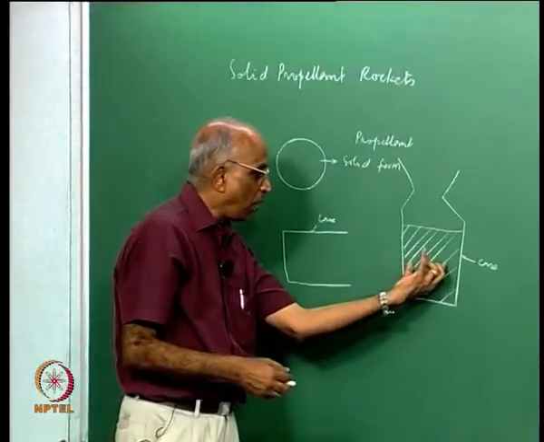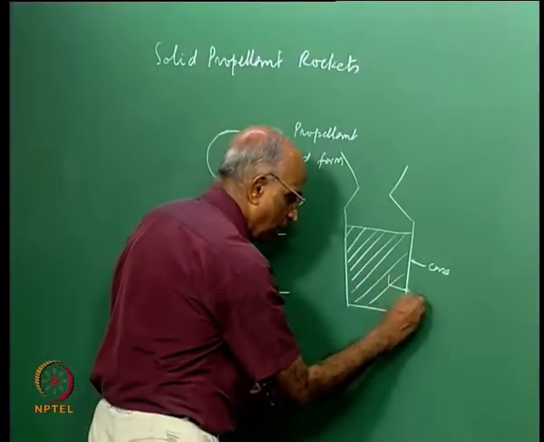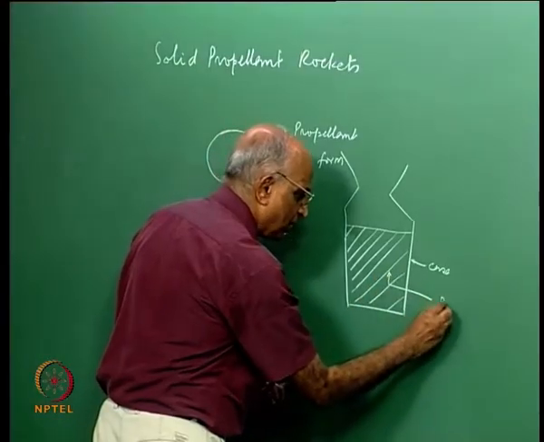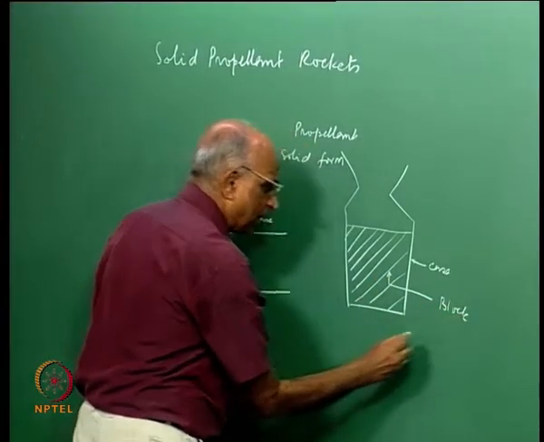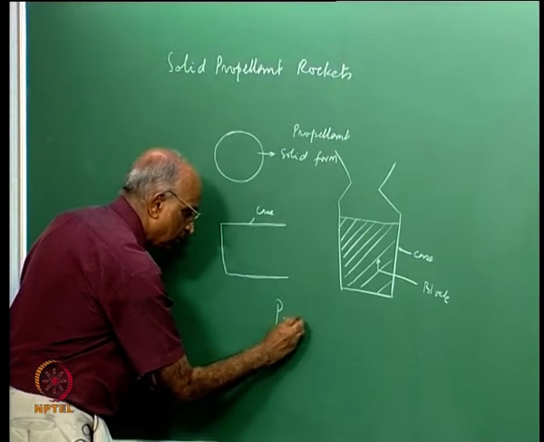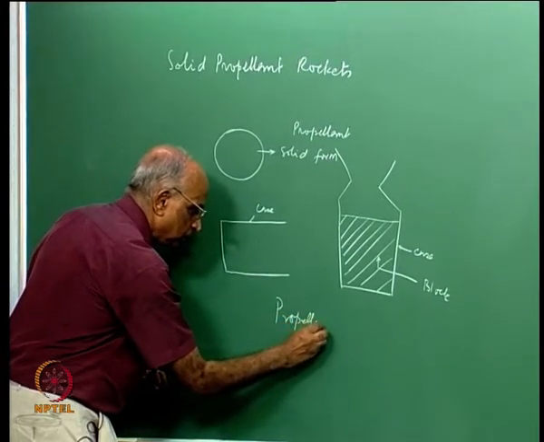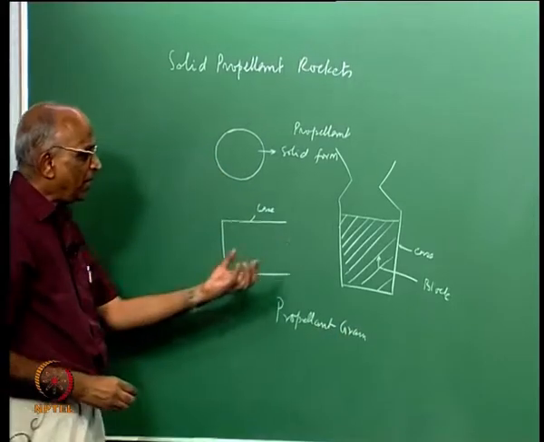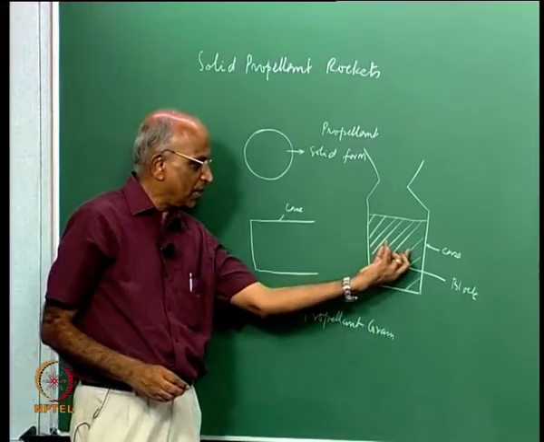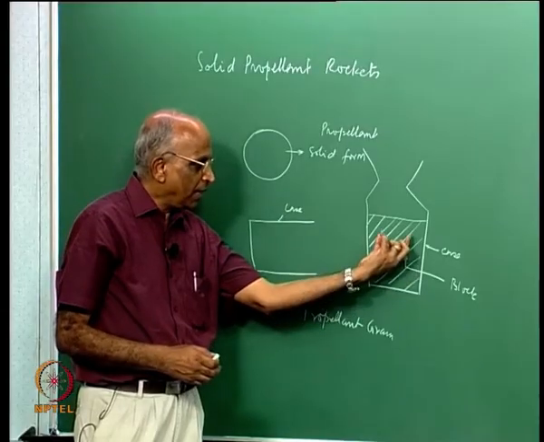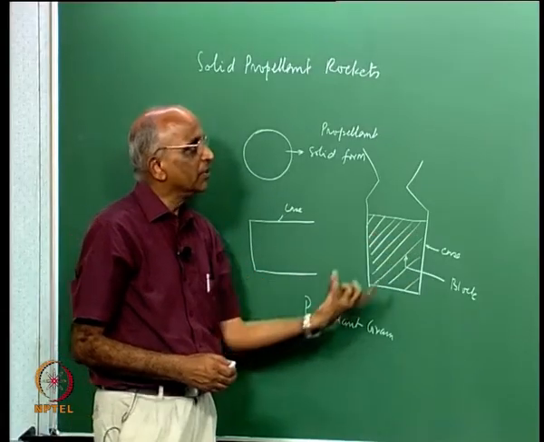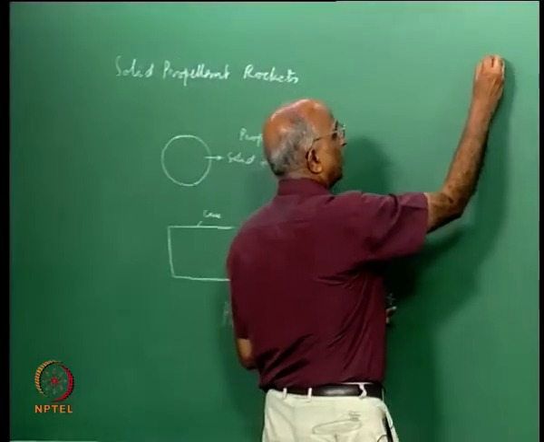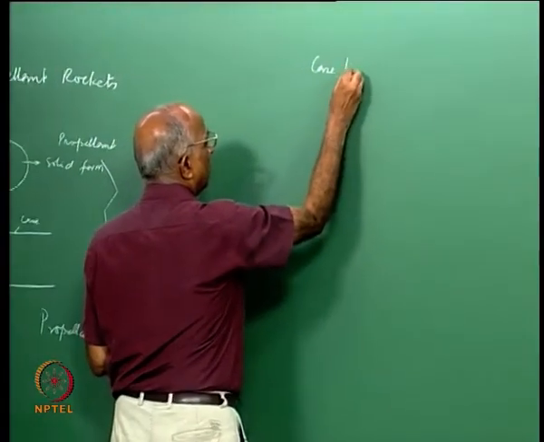I form a block, maybe a composite solid propellant block, which we call a propellant grain. And when I put the slurry or the mixture in the case and make it a solid inside the case, the solid rocket is known as case bonded.